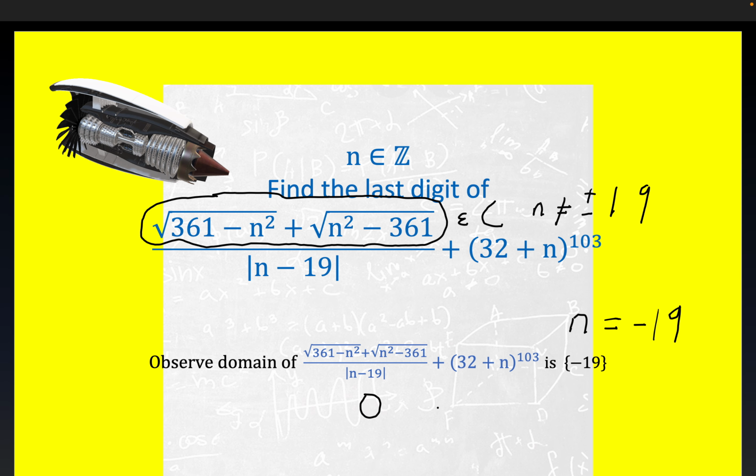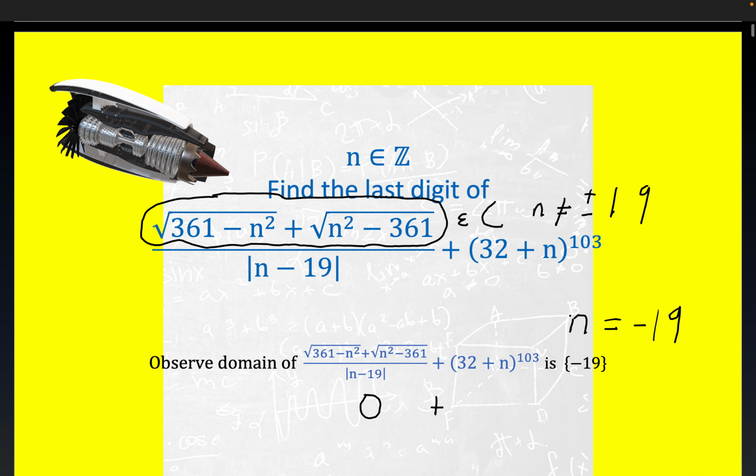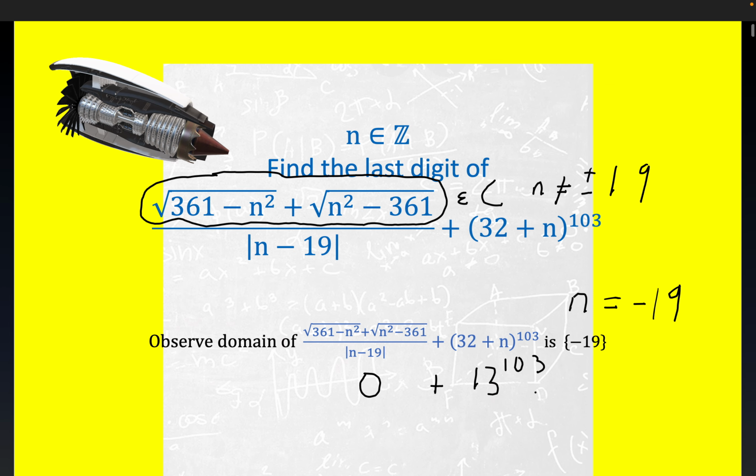Now, right here you would have plus, what happens when you add negative 19 to 32? What is that, 13, folks? So we get 13 raised to the 103.